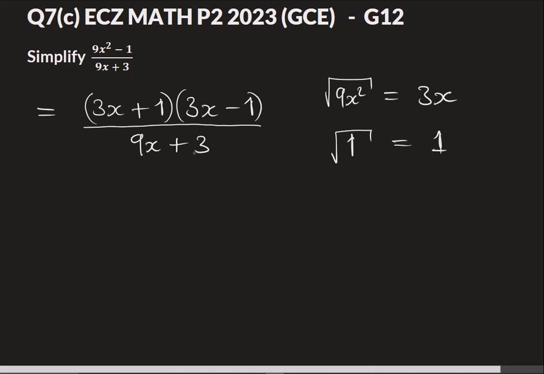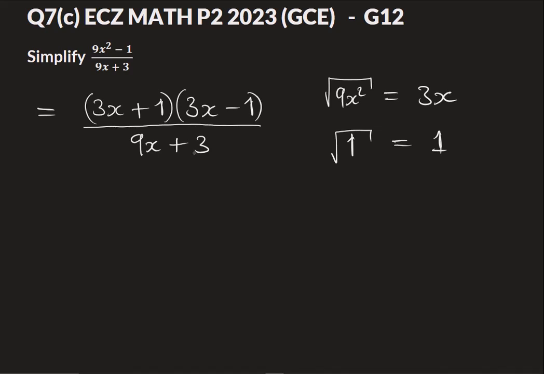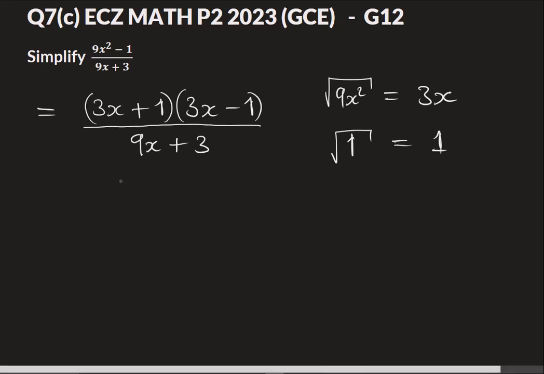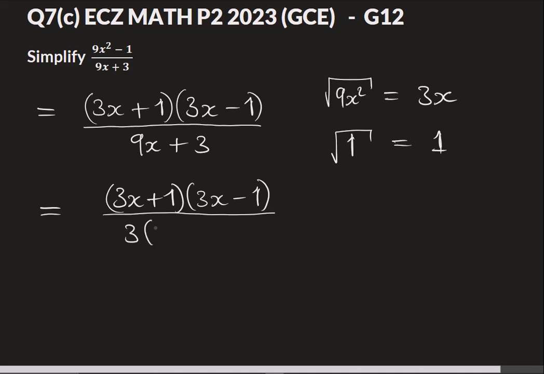Now, at this stage you might think we've done nothing. We can't cancel anything. But if you look carefully in this question, we can do more to the denominator. If we factor out 3 from the denominator, we'll be left with 3x plus 1.